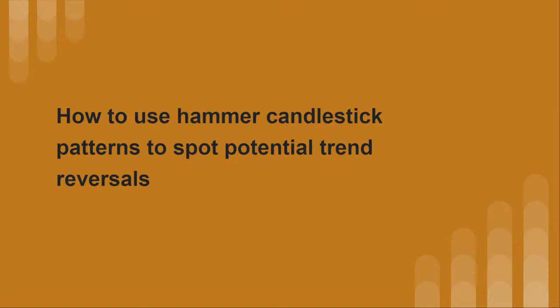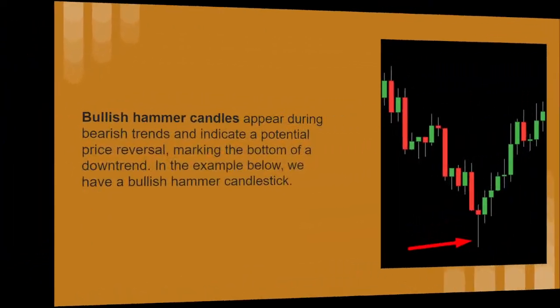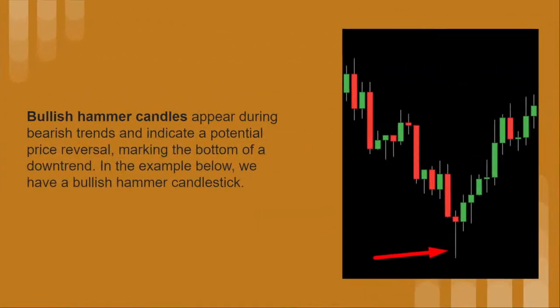Okay, so with this hammer candlestick pattern, how can we spot the potential trend reversal? Let me tell you. So here, the bullish hammer candle is an example. If I can, I will try to show you in TradingView itself.